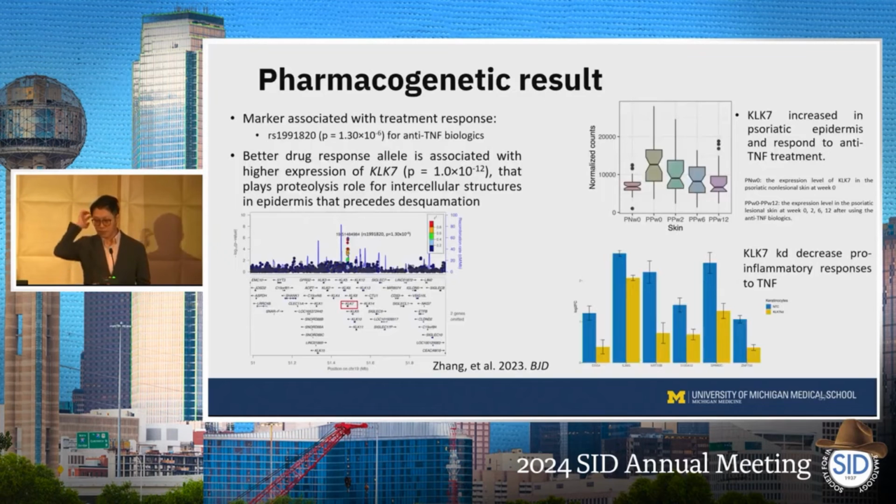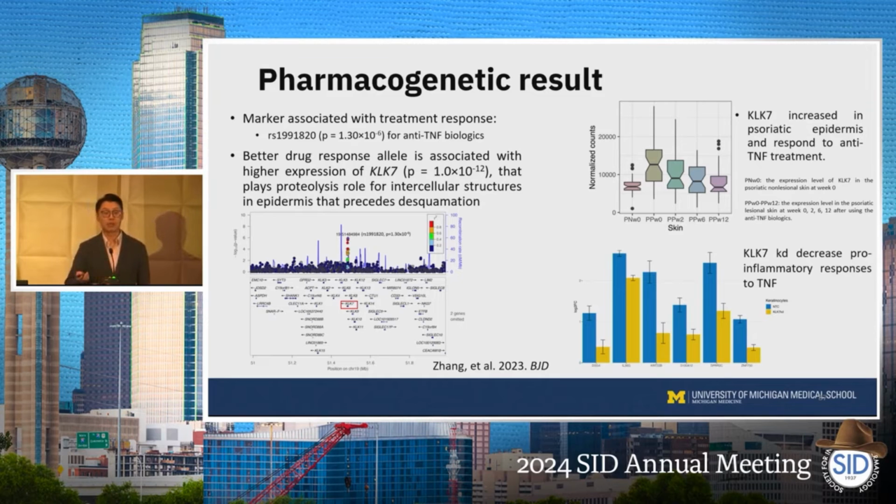Just to give you an example, this is a pharmacogenetic study that we published last year in BJD. We aimed to look into the association between genetic variants and drug response, here the anti-TNF response.